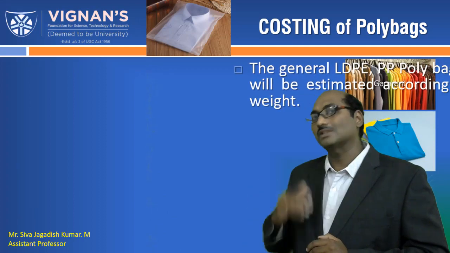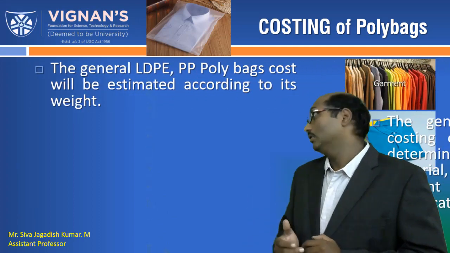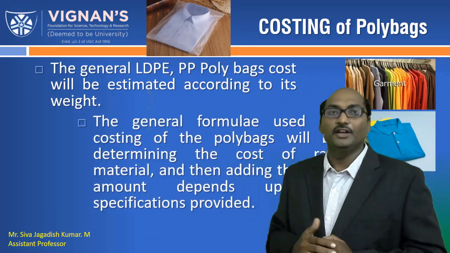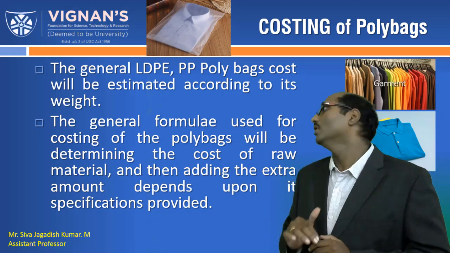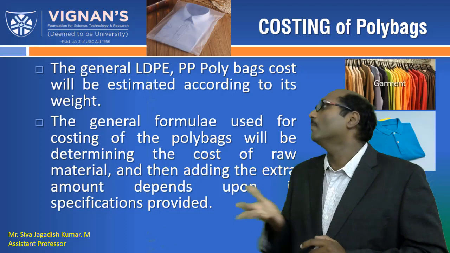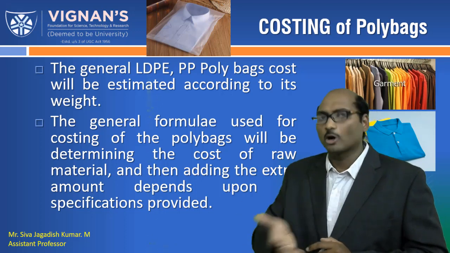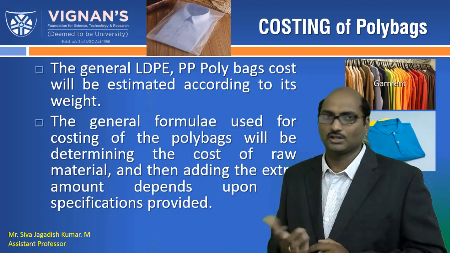Now, for the costing of poly bags, generally LDPE and PP poly bags, we need to consider the weight of the poly bag, and then the raw material cost and conversion cost. That's it.